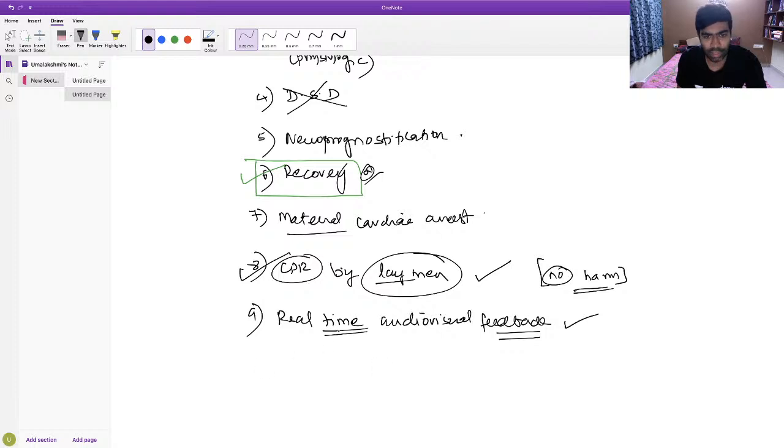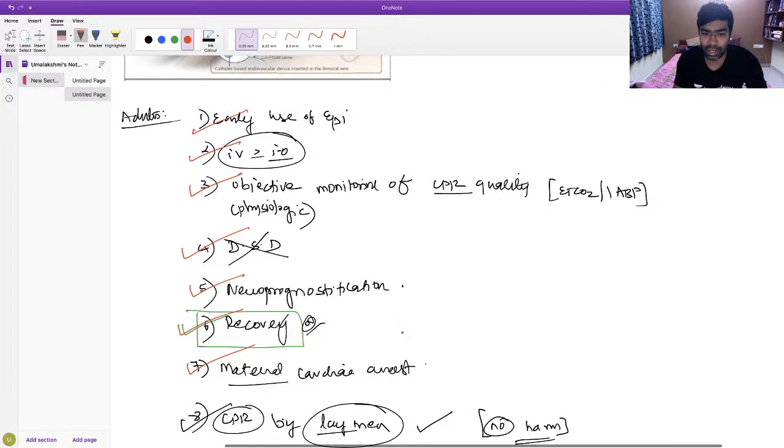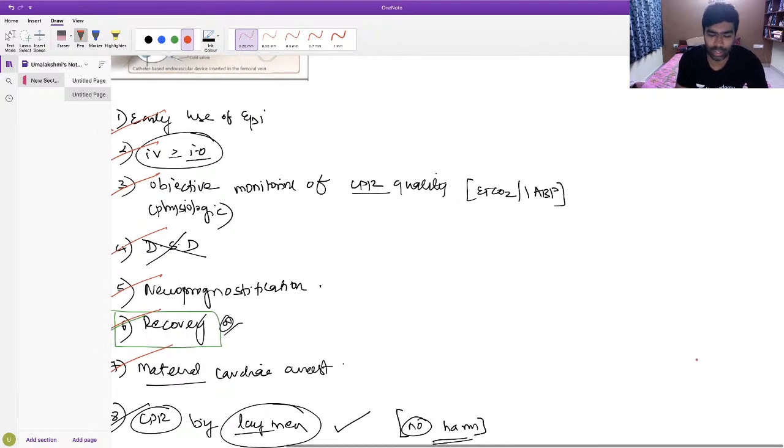Apart from that, that's all. So these are the most important things. I believe the questions will be on epinephrine, IV more than IO, objective monitoring of CPR quality, no double sequential defibrillation, important neuroprognostic tools, recovery as the sixth chain of survival, and maternal cardiac arrest. So these are the most important things that they're going to ask.